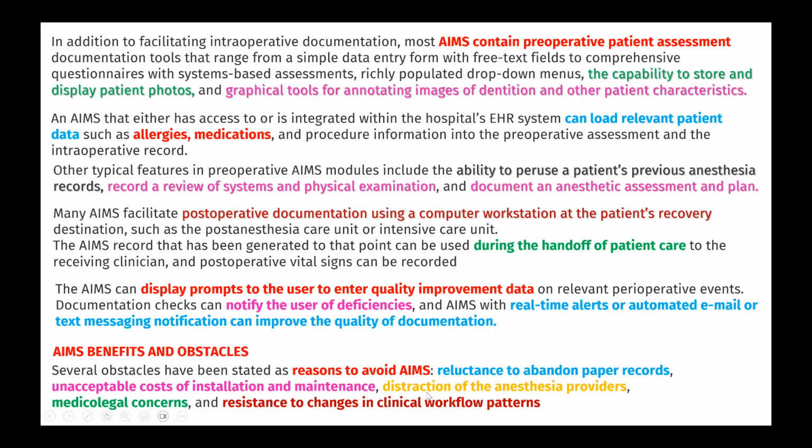And there is no distraction of the anesthesia providers because it is automatically done. It is not going to interfere with the anesthetist's concentration on the patient. But some medico-legal concerns are there, and there is some resistance to change because the majority of anesthetists and doctors are still in the era of manually documenting, writing case sheet notes and all those things.